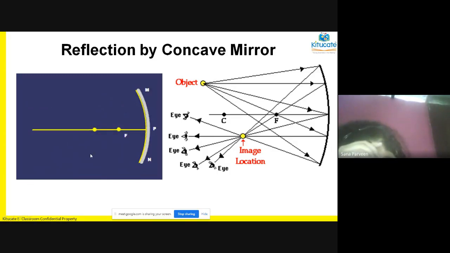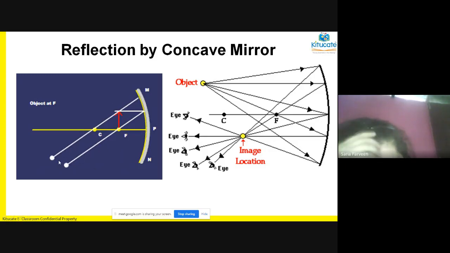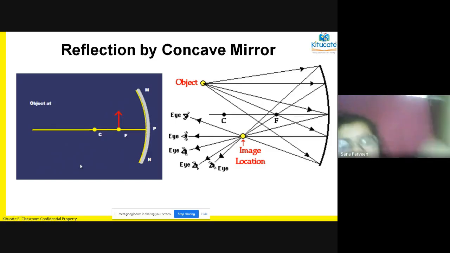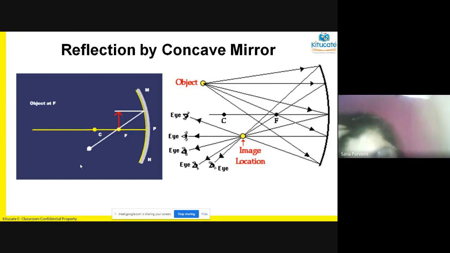The image is formed very far away because the object is here and one light ray moves and the other light ray moves. The light rays are moving far apart, and the image is not getting formed here. The image will be formed at a very, very far distance. So that is called at infinity.